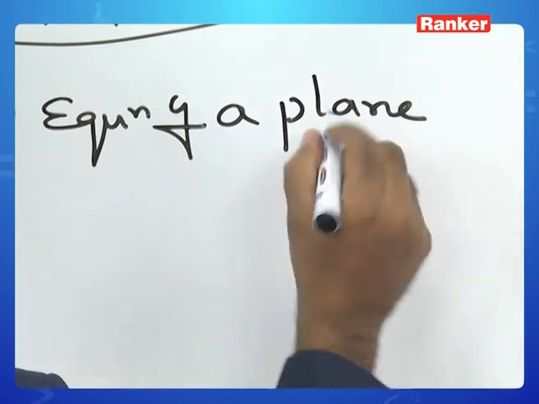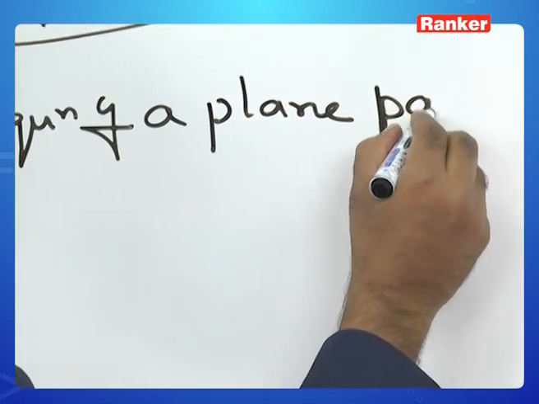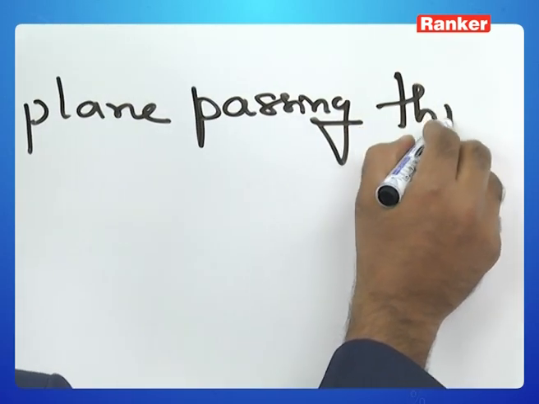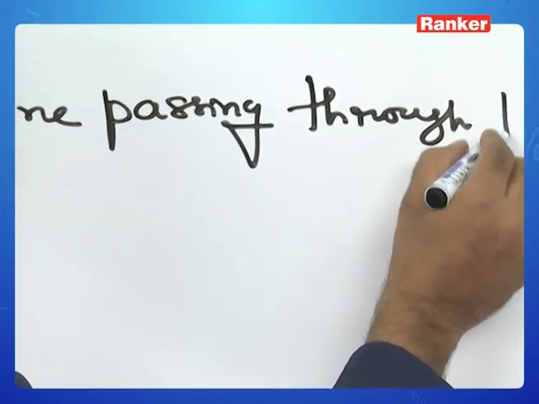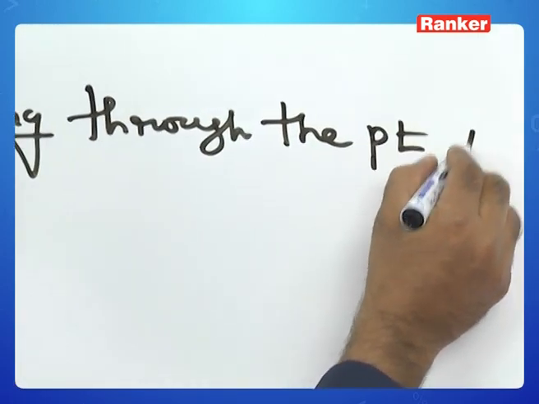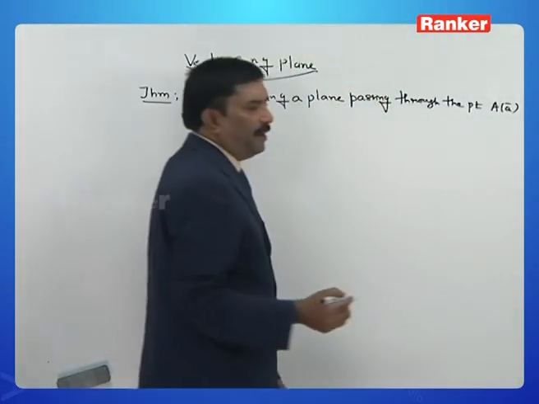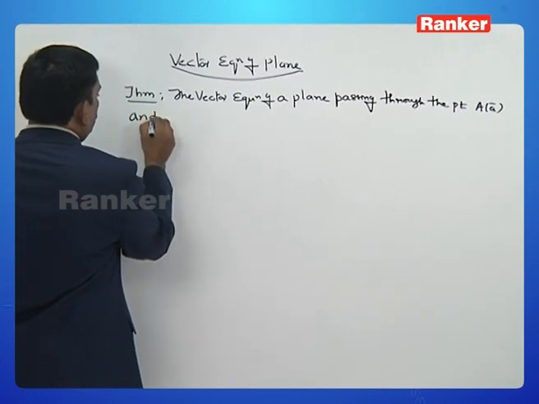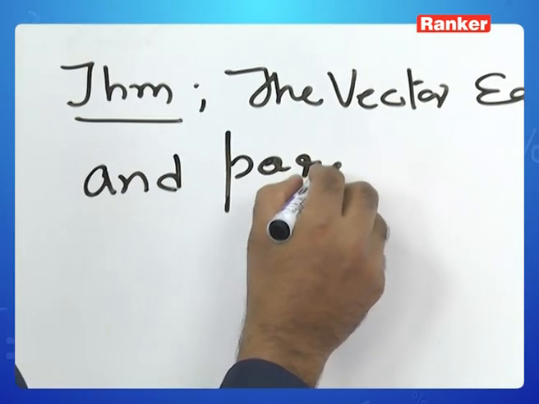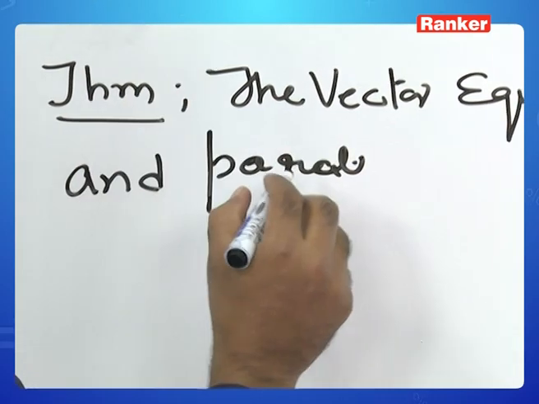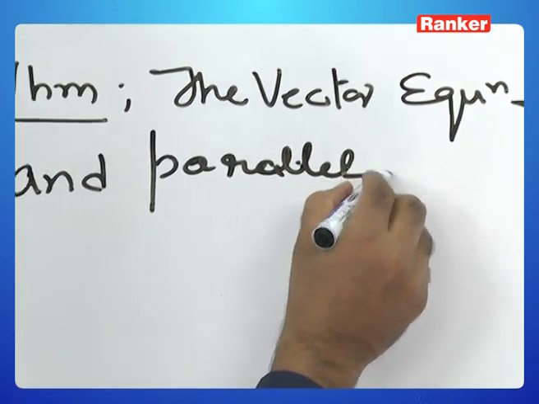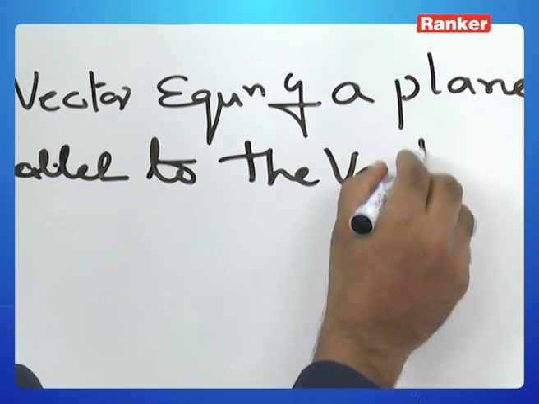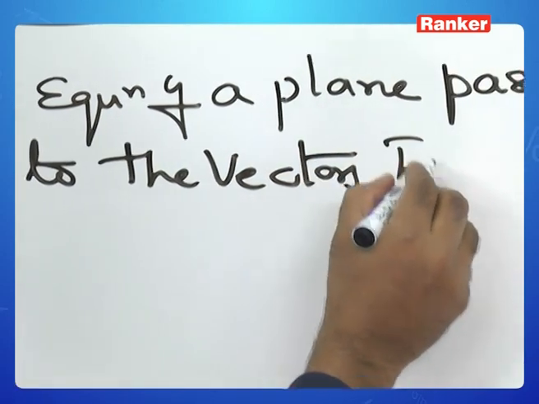The vector equation of a plane passing through the point A of A bar and parallel to the vectors B bar, C bar.